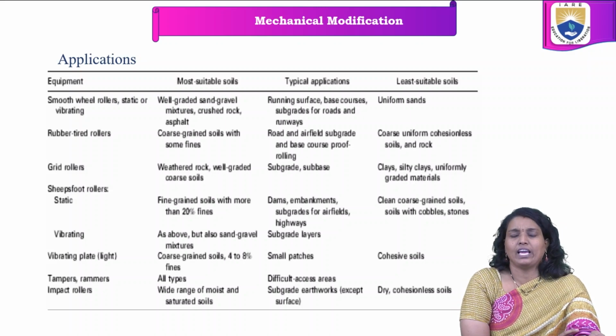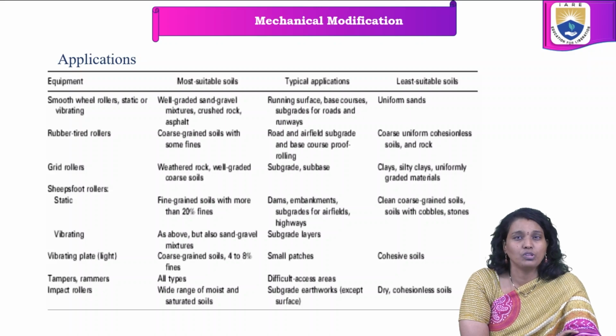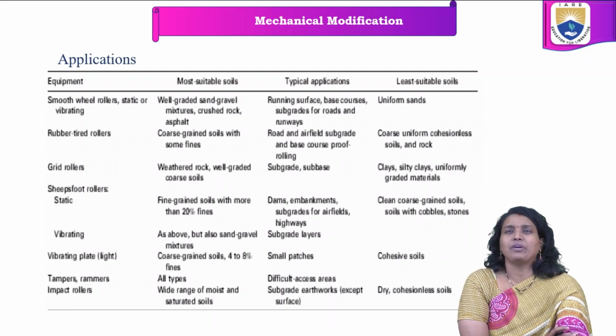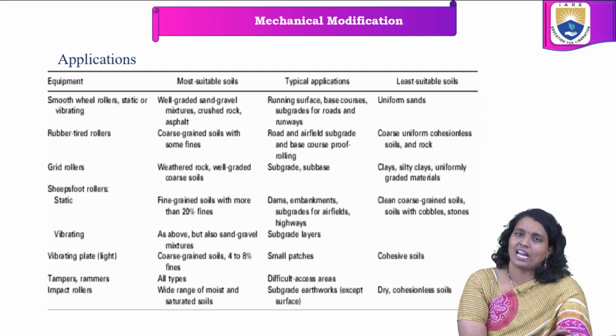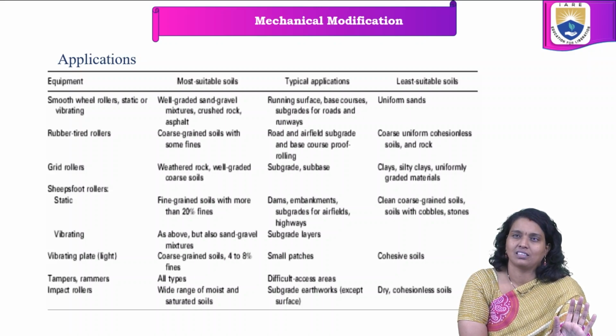Coming to the equipment, which are the most suitable soils, what are the various typical applications, and the least suitable soils. These are some of the applications which we observed. Coming to the smooth wheel rollers or static vibrating, these suit well graded sand gravel mixtures and crushed rock. This equipment is suitable for running surface, base courses, subgrades for roads and runways.